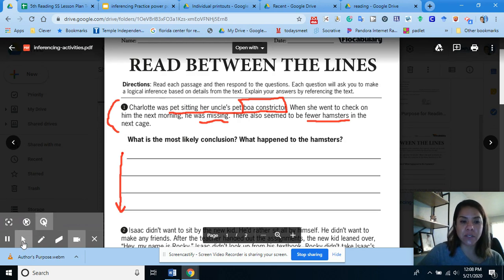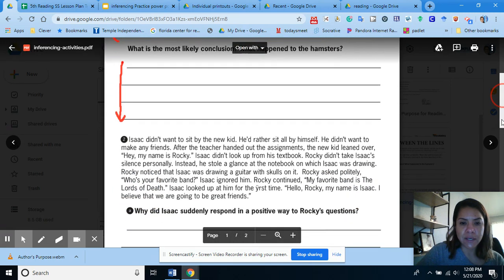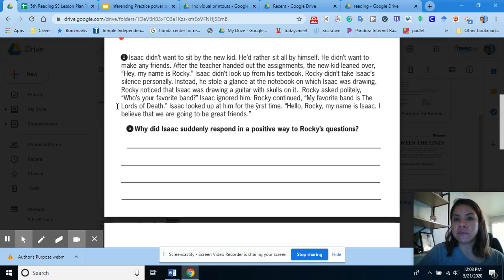Okay. So I want you to do the rest of it by yourself, or with a parent, or if you have any older brothers or sisters that could help you. Before you make an inference, guys, make sure that you have text evidence. I need to see that you saw something and it made you think something, and that's how you made your inference.